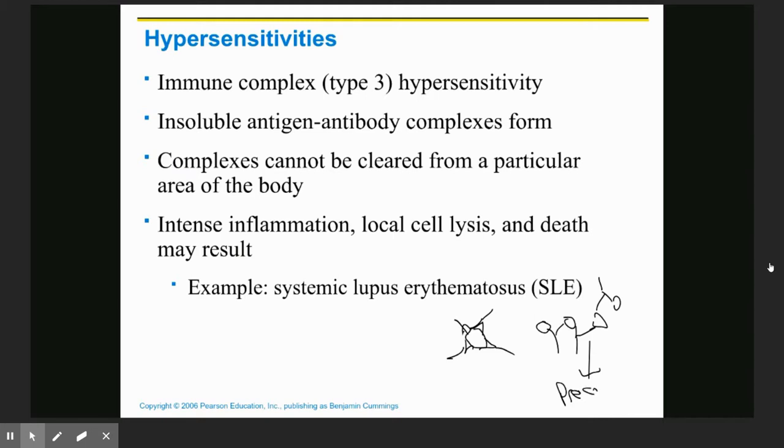And so what happens is these complexes fall out of solution. And wherever they fall out of solution, here they are right here, white blood cells are going to come to clear that area.